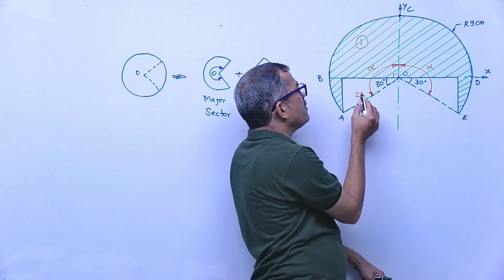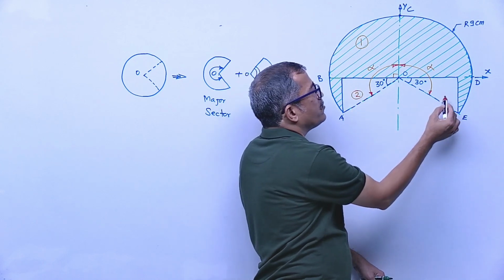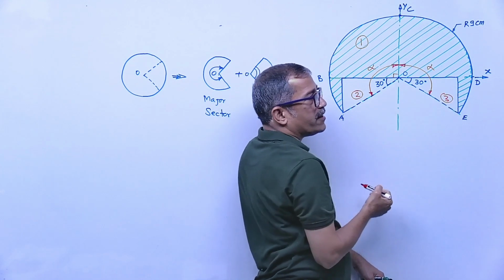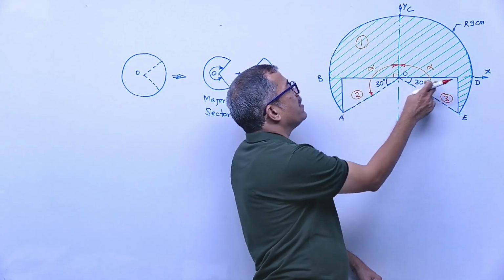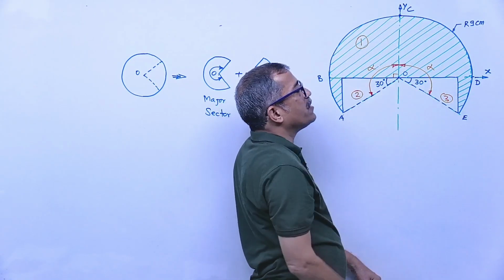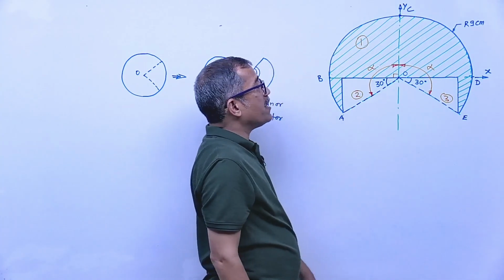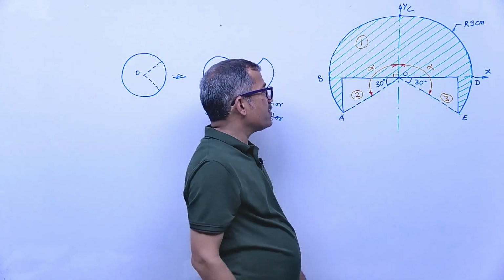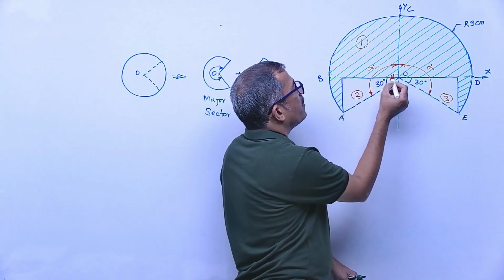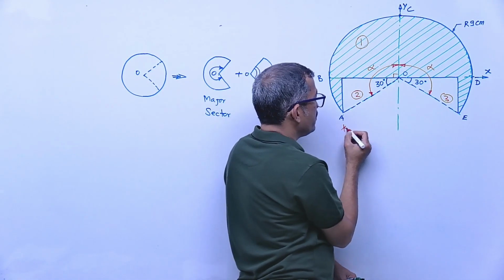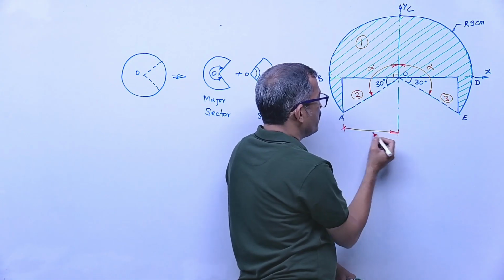This one is a right angle triangle. This is also a right angle triangle, right? And in these right angle triangles, this lamina is symmetrical. Therefore, the base and height of both triangles are the same. From this point to this point, this dimension is the base of this triangle, right?